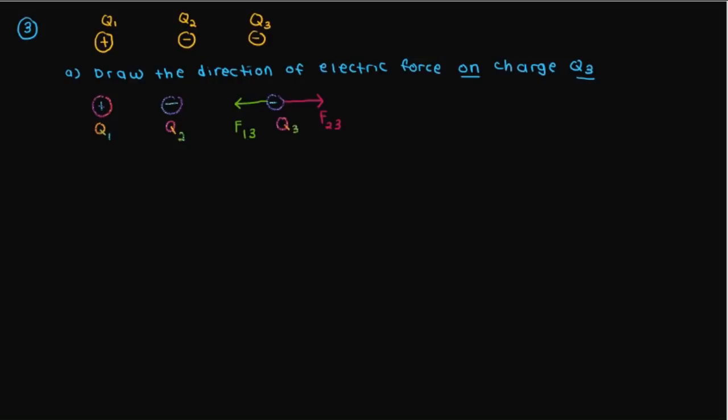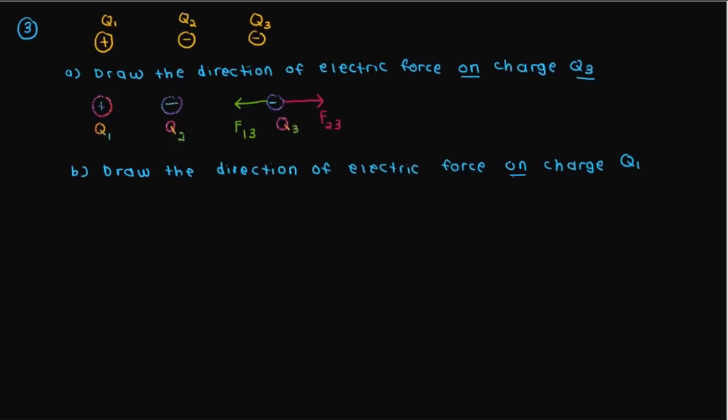Okay, let's say from the same diagram, draw the direction of electric force on charge Q1. What happens if the question asks to draw the electric force on charge Q1? Q1, as I already said just now, you refer the word "on" here.